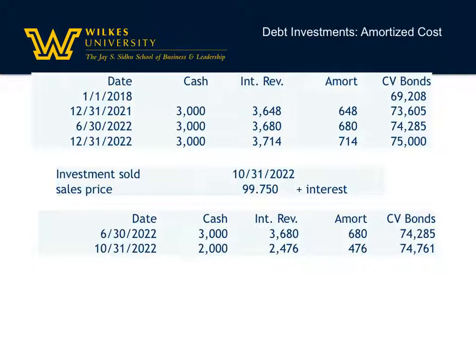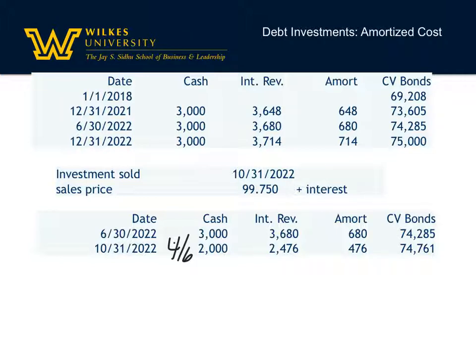The easiest thing to do is just to expand your effective interest table. Just add, after you come up with the June 30th line, add a line for the October, and then put in 4 months. So 4 out of the 6 months is going to be $2,000 that you're going to receive in cash instead of 3.